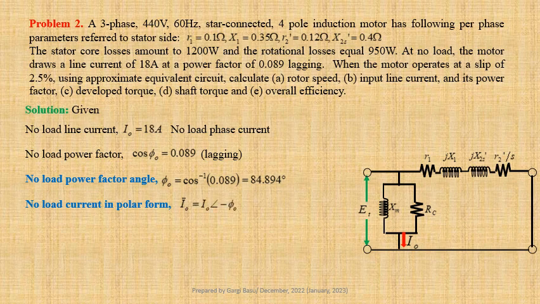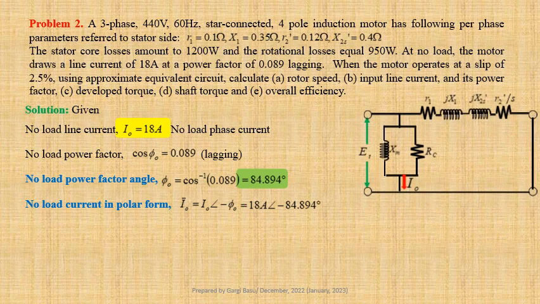No load current may be written in polar form as I0 at an angle minus phi 0, that is equal to 18 ampere at an angle minus 84.894 degree. This may be written in Cartesian form as 1.602 minus j 17.93 ampere.